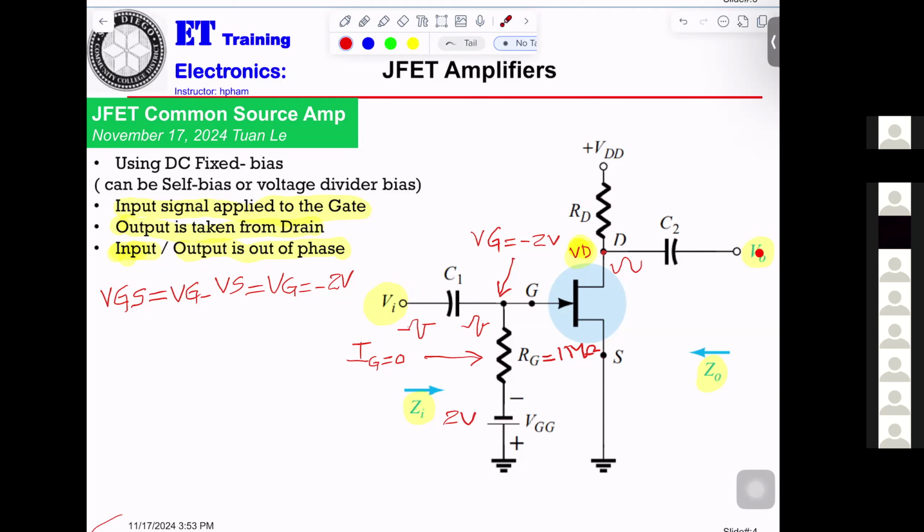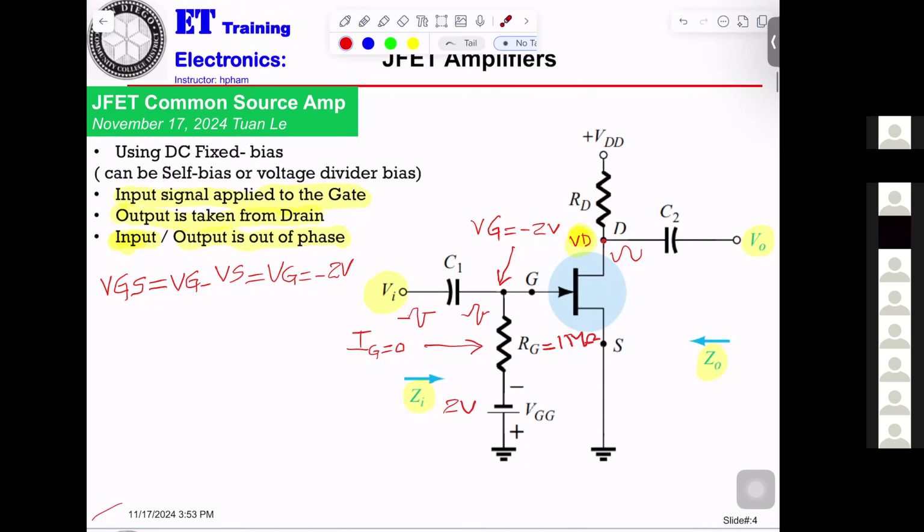For the common source, input applied to the gate, output from the drain. Then you know it's a common source amplifier. And a little more: input and output are out of phase, 180 degrees. At least that's what I think we have to know up to that point.